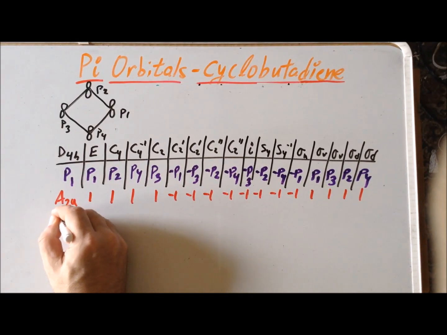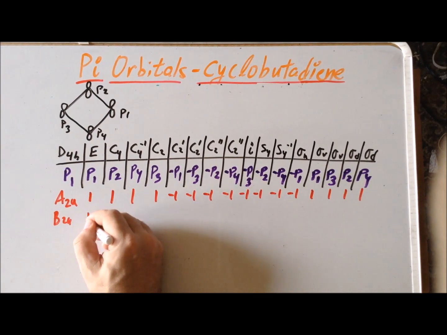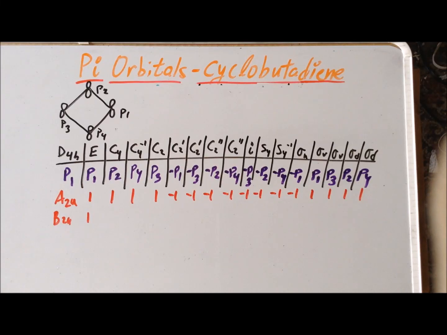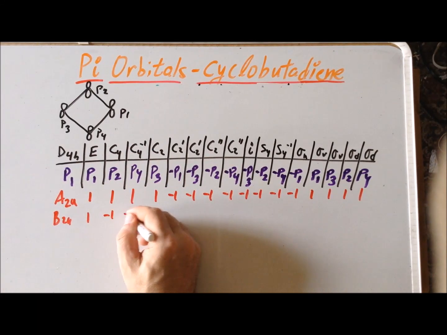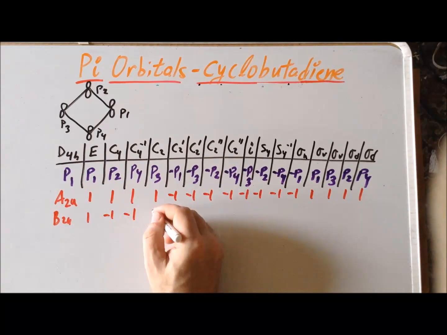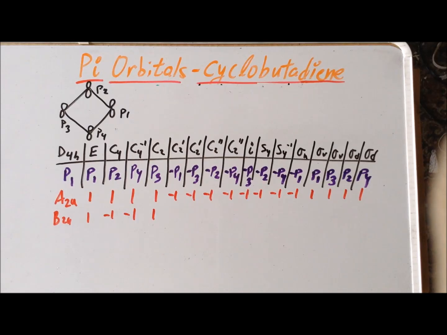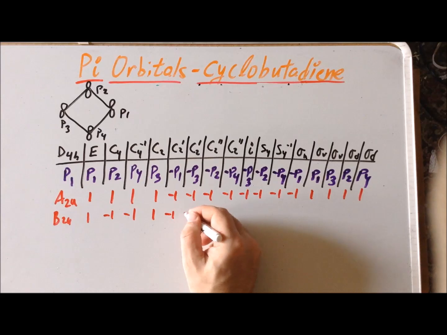Now for B2U, the character is +1 for E. For C4, the characters are -1s. For C2, the character is +1. For C2 prime, the character is -1.